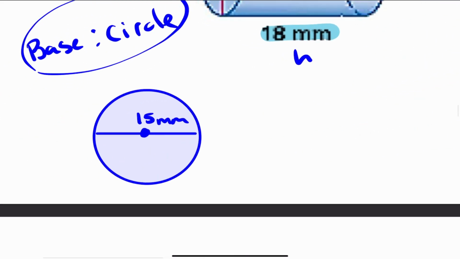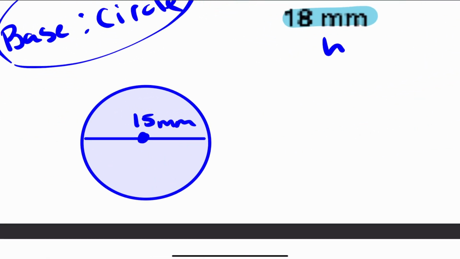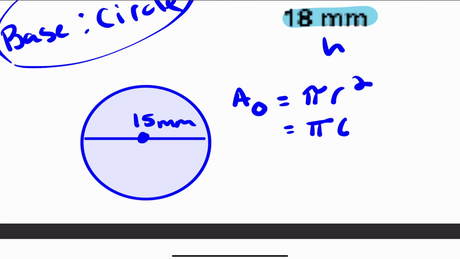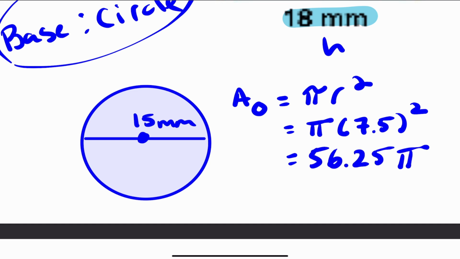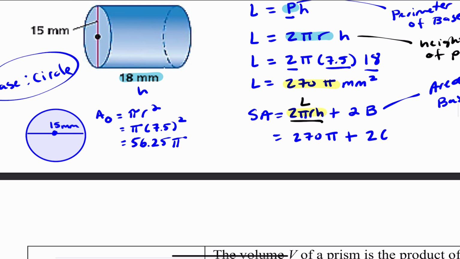So we're going to go back to the circle here. We're going to find the area of the base, or the area of the circle. So it's A equals pi r squared. So pi times 7.5, the quantity squared. And that is going to be 56.25. So then this is 56.25 pi. Okay, so 2 times 56.25 pi.